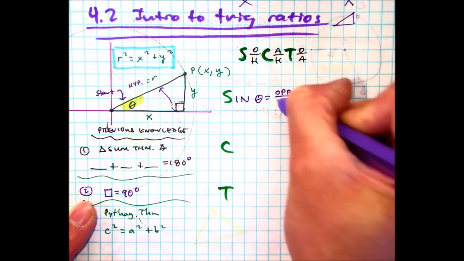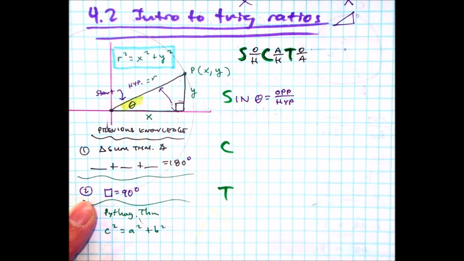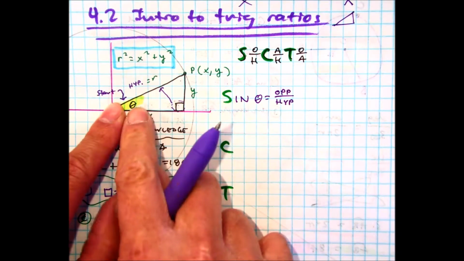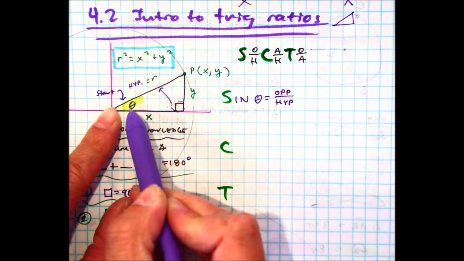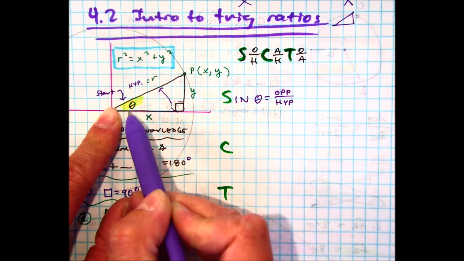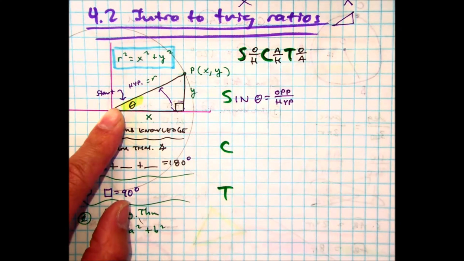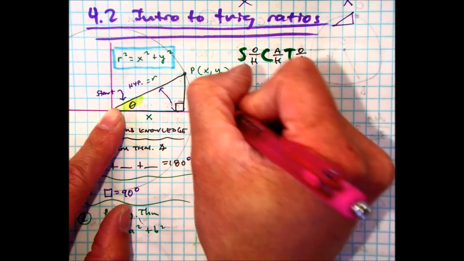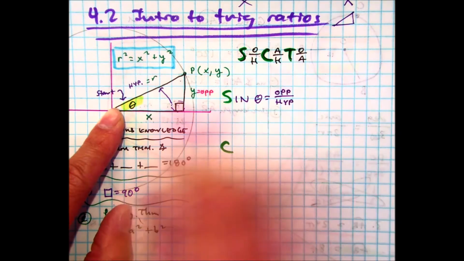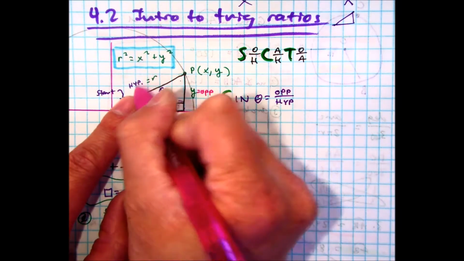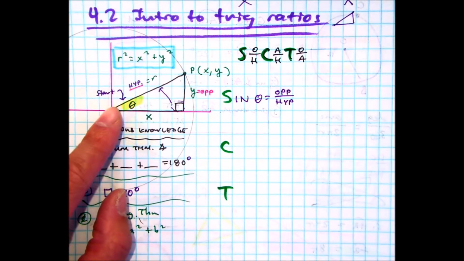Opposite over the hypotenuse. Okay, there's theta, so that's where I'm starting at. Here, look. I'm starting here. This is the opposite side of my given angle. So let's write that, opposite. And across the right angle, we already know that's called the hypotenuse.